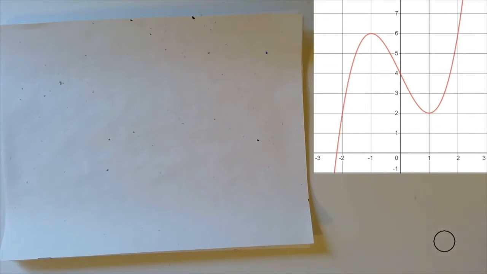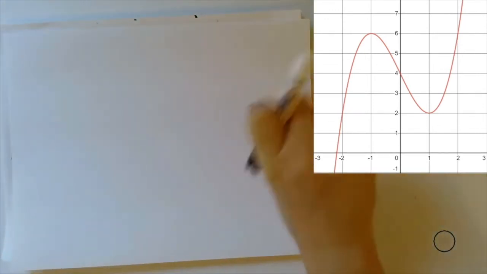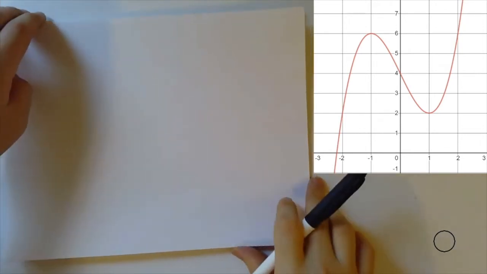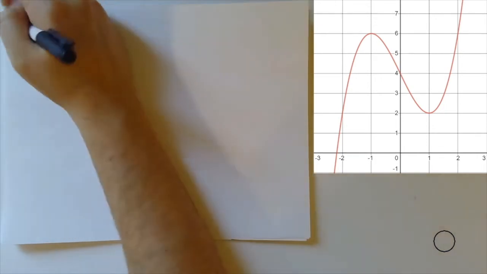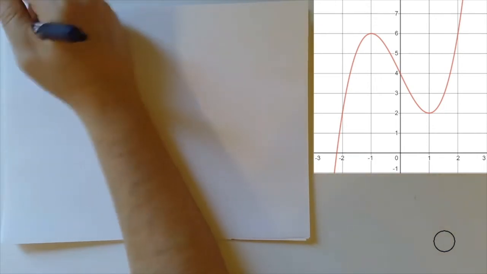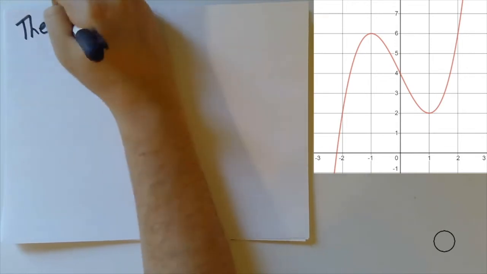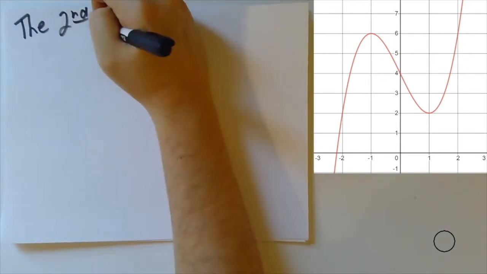All right. So we need to talk a little bit about how we're going to do this for concavity, how we're going to decide where something's concave up and concave down. And the way we're going to do that is by using the second derivative. So it's the second derivative that dictates the bend of the graph.